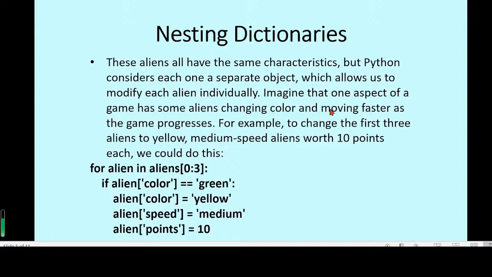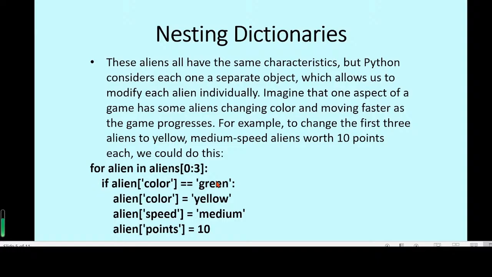So imagine that one aspect of a game has some aliens changing color and moving faster as the game progresses. For example, to change the first 3 aliens to yellow, medium speed aliens worth 10 points each, we could do this. We write a for loop for the first 3 aliens in this list.